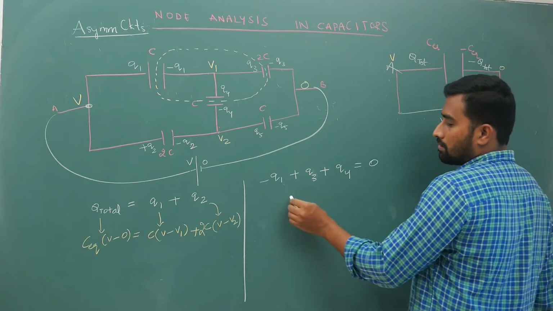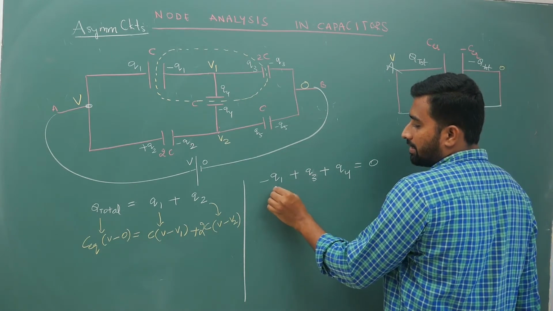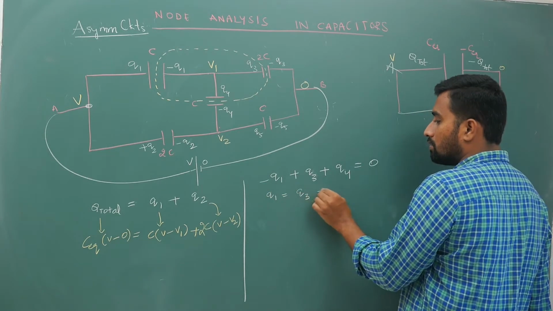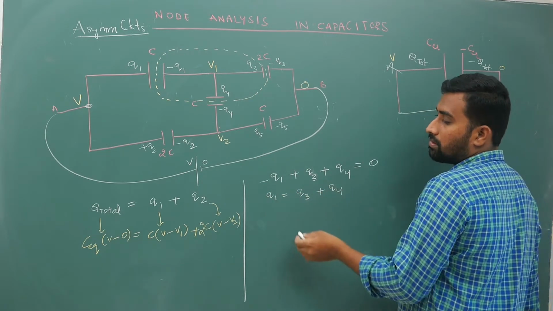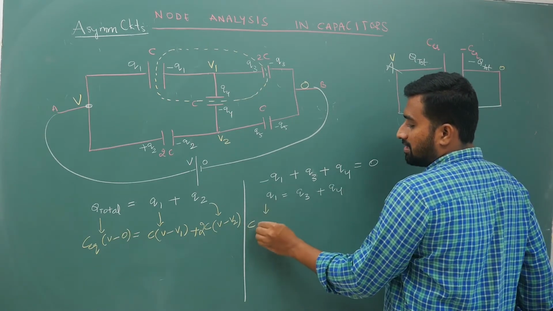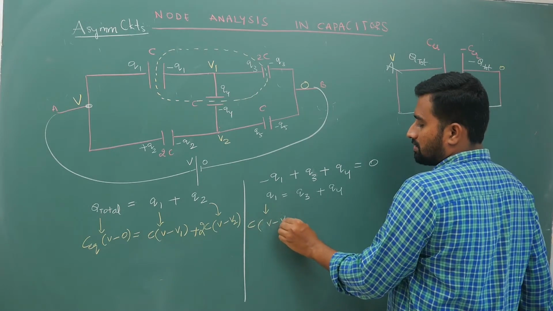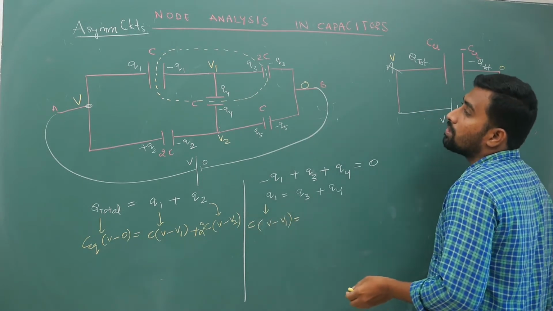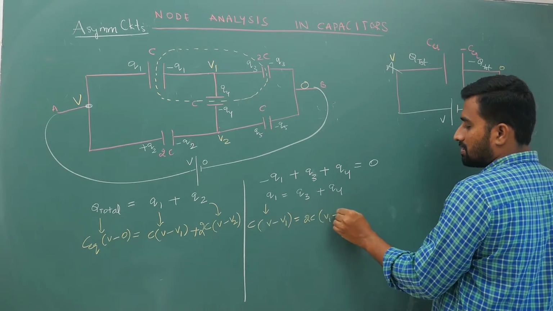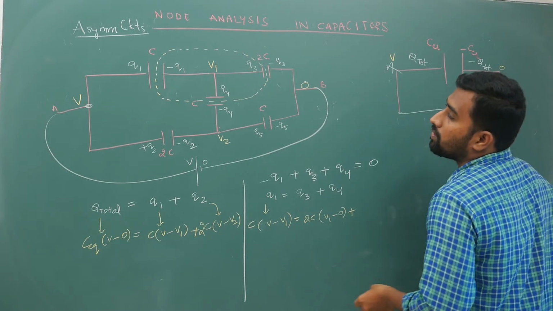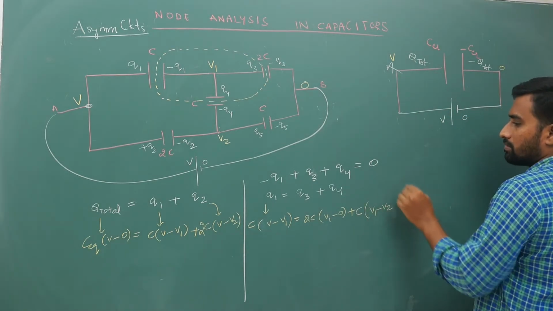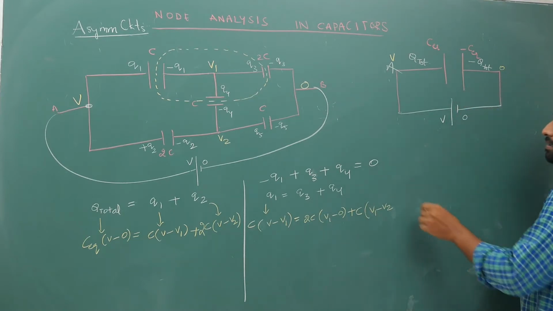So from this rearrangement, Q1 is equal to Q3 plus Q4. Q1 is C times V minus V1, which is equal to Q3, which is 2C times V1 minus 0, plus Q4, which is C times V1 minus V2.